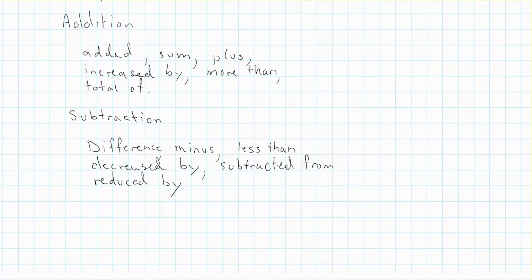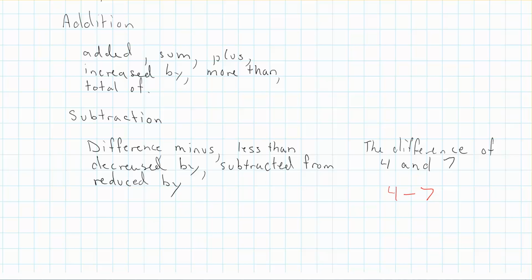So let's first look at the difference of 4 and 7. The difference of 4 and 7 means you take the first number, 4, and then subtract 7. It's important to notice that 4 comes first and 7 comes second.